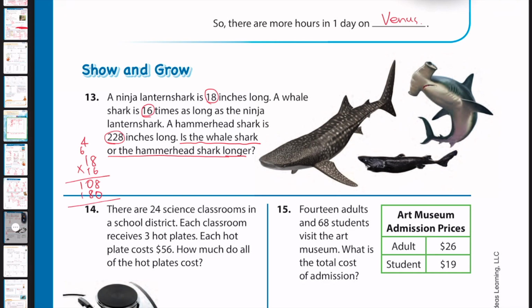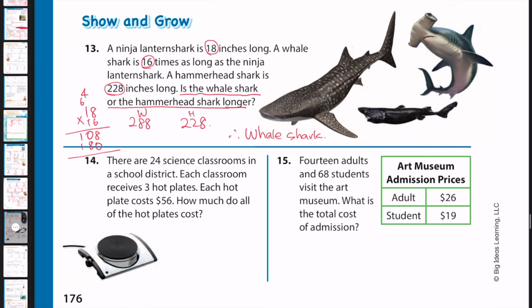When you add them all together, it's going to be 288. Okay, versus what? 228. Hammerhead shark is 228, right? And whale shark is 288. So who's longer? Yes, whale shark is longer.